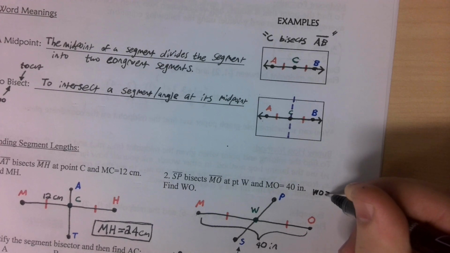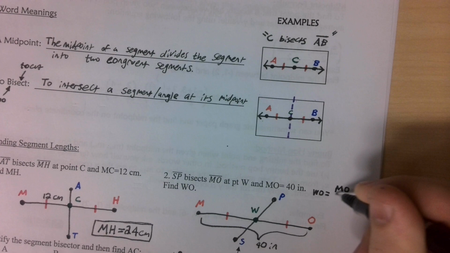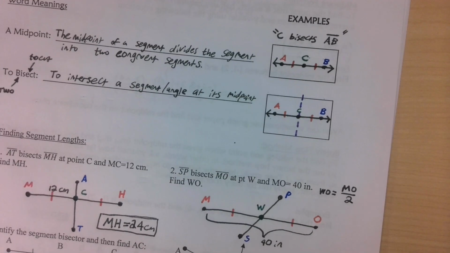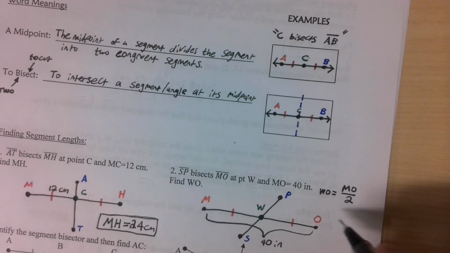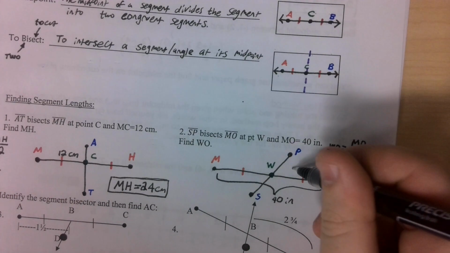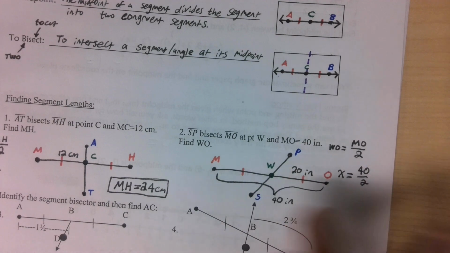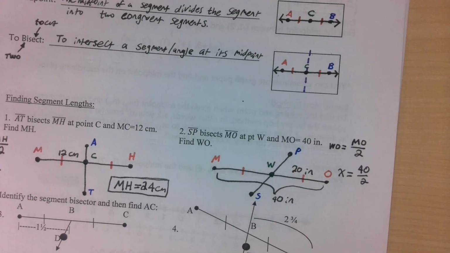WO equals MO divided by 2. We know MO is 40, we just don't know what WO is. What's 40 divided by 2? It's 20. WO is 20 inches. And again, the quicker way is just to say, if 40 inches is the whole thing, half of it is 20.